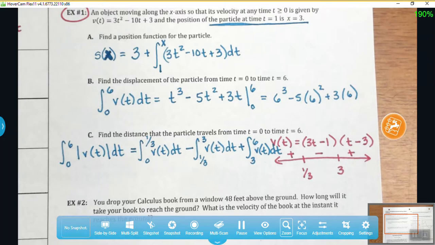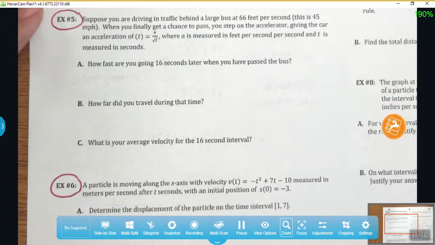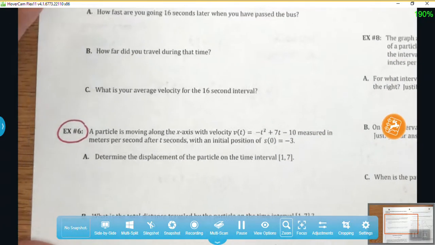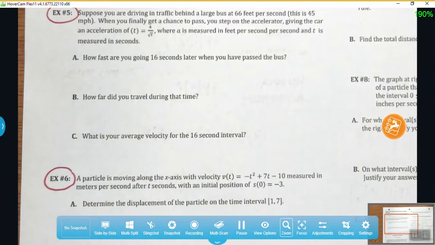Okay, so all I want you to do is finish 5 and 6. And once you finish 5 and 6, then you can come pick up your quiz from me. But finish 5 and 6 first. And I will put the answers up for you.